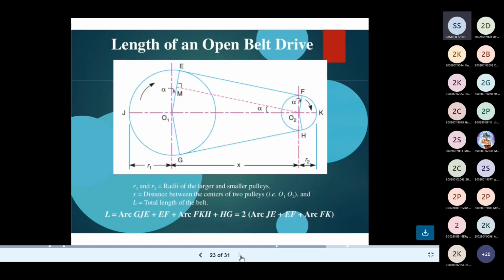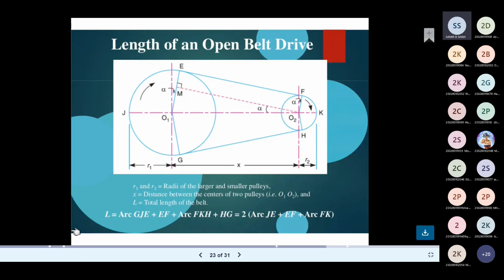Now, length of open belt drive. Right now we are discussing the length of the open and the crossed belt drive. The figure which is given to you is the figure of the length of the open belt drive. We have to find the length of the whole belt. So at that time, what we have to do?